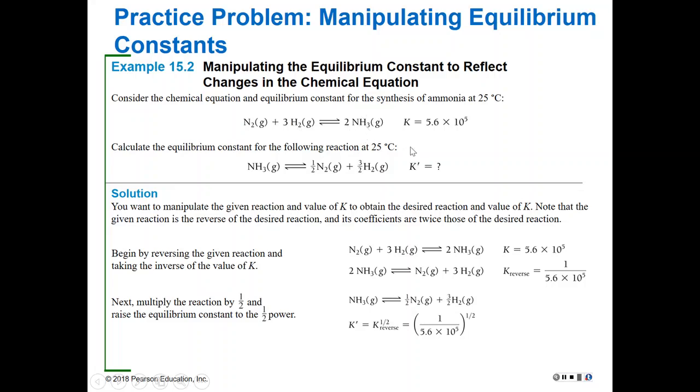They actually did that manipulation. So whatever they did to it, you have to take your rate to the power of that. They halved this, so you have to take the inverse and take it to the half power. Make sense?